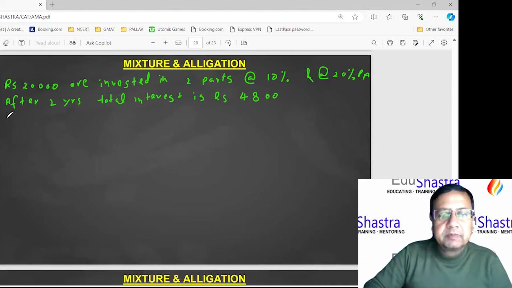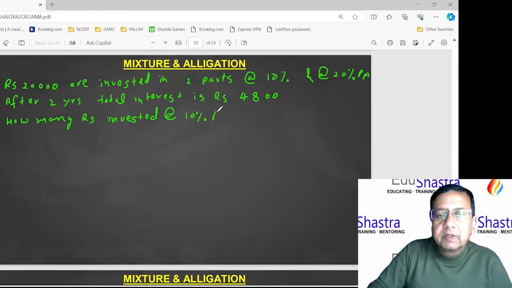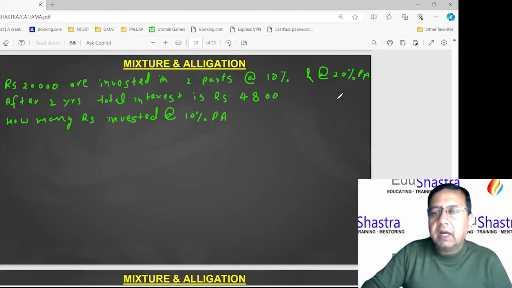Tell me how many rupees are invested at 10% per annum, and consider this simple interest.